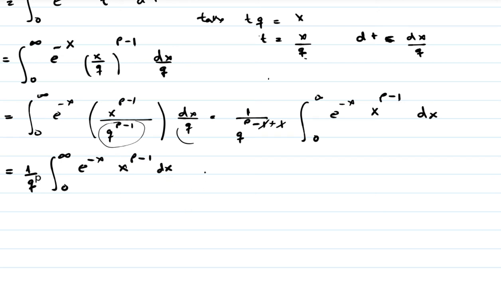And now as you can see from this, we have here p. This p is in place of n. So because this p is in place of n in the definition of the gamma function, we can now say that 1 divided by q is equal to gamma of, instead of n we write here p, which can also be said as gamma of p divided by q, and we have found the solution.